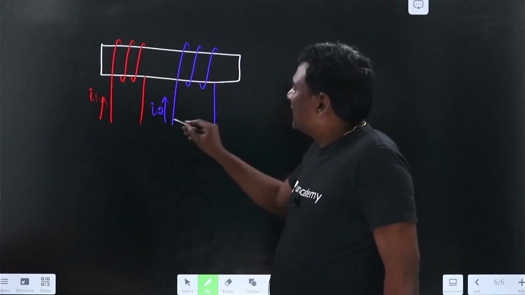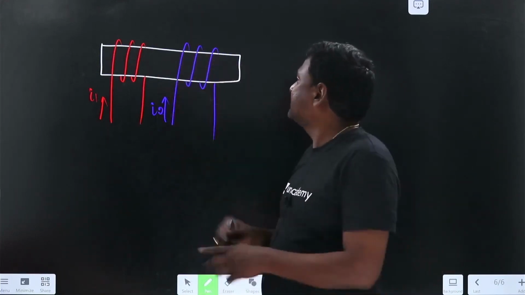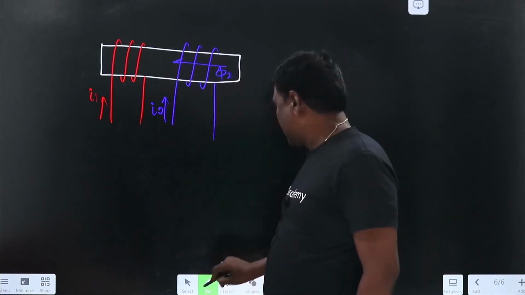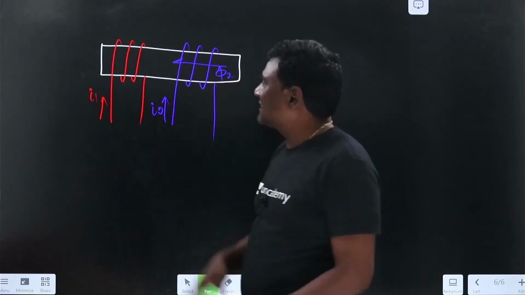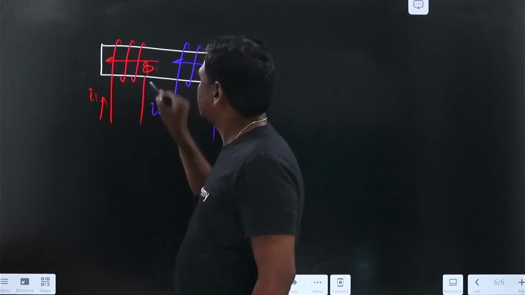Right now, because of I2, by the right hand rule the flux is in this direction, phi 2, and because of I1 my flux direction is in this direction, phi 1.